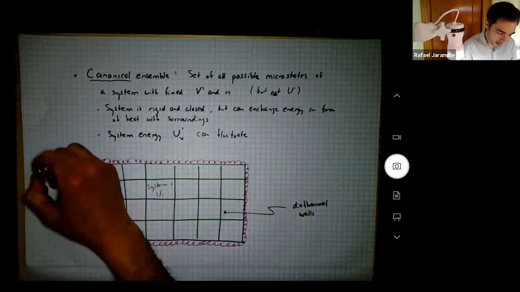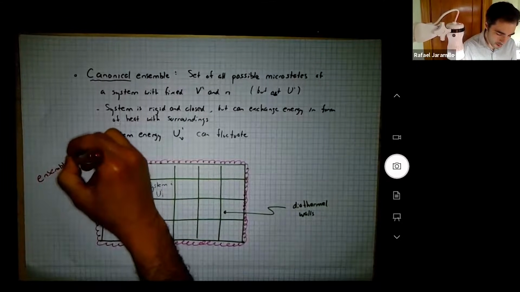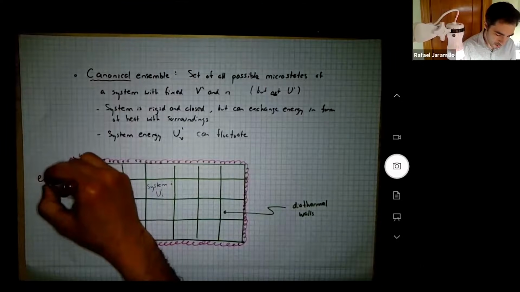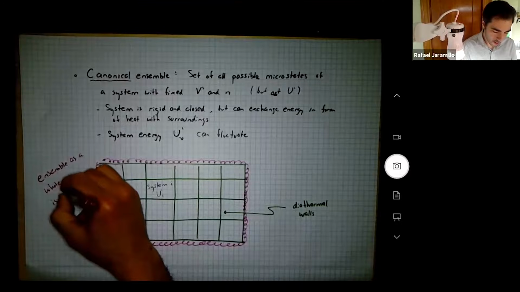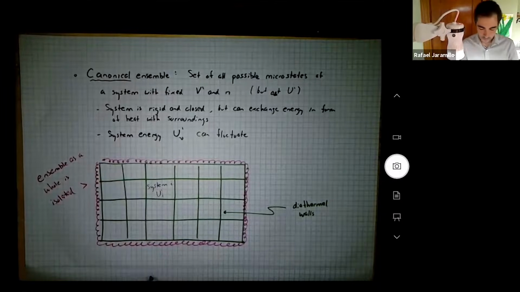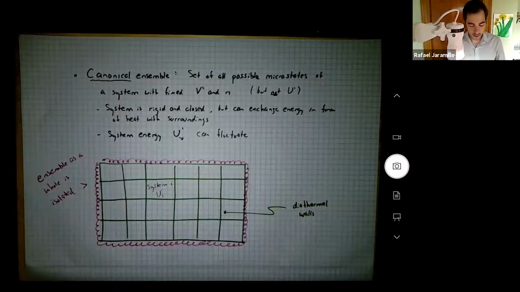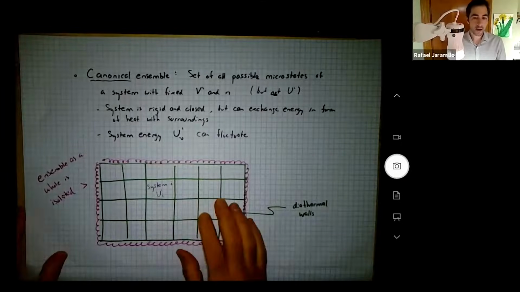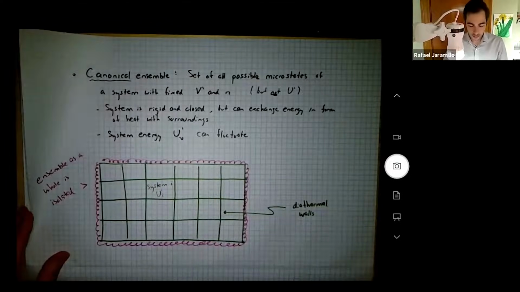But the ensemble as a whole is isolated. So all these systems, and you have to imagine this being a very, very large number here, not just 4 by 6 or whatever I've drawn, is isolated.